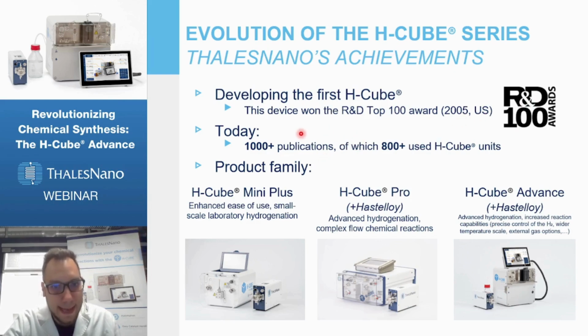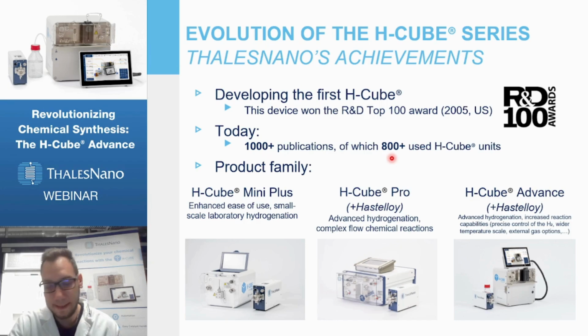And as of this day, we can present approximately 1,000 publications, it has even surpassed 1,000, that were done on our instruments. The vast majority of these publications use some member of the H-Cube family to perform their experiments. We are really proud of this achievement, and we are very proud of our users, who have had a lot of success in synthetic chemistry using continuous flow hydrogenations.